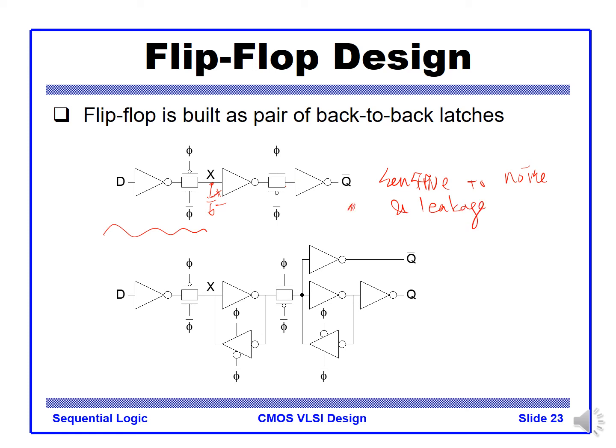This kind of flip-flop only works in very fast operation, so the clock frequency must be fast. For low clock frequency, this kind of dynamic flip-flop will not work because of the leakage. The voltage will leak out.